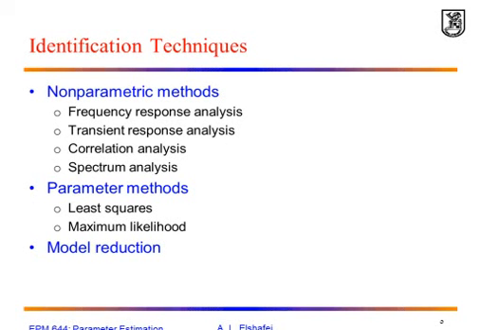We all know that real systems should be represented by high order models. However, we normally can neglect fast dynamics or non-dominant poles and so on to reduce the model order and make design easier. The procedure to correctly reduce the order of the model is studied under the topic model reduction.